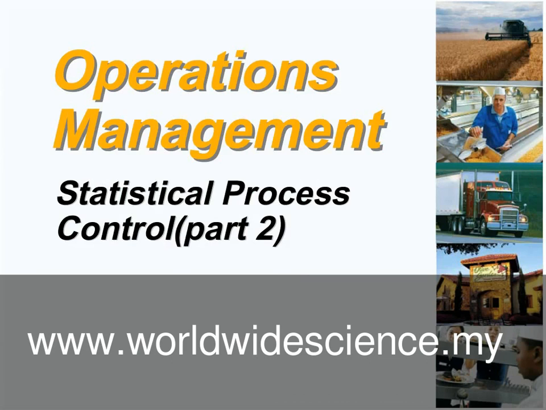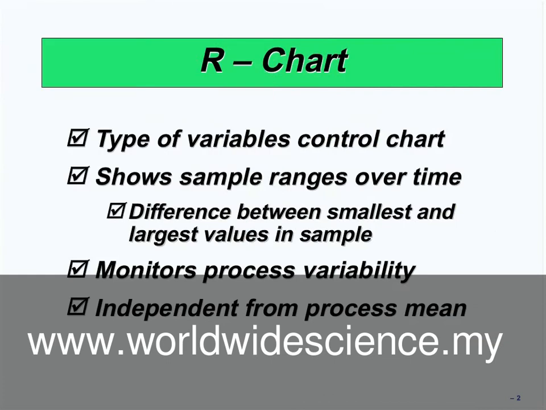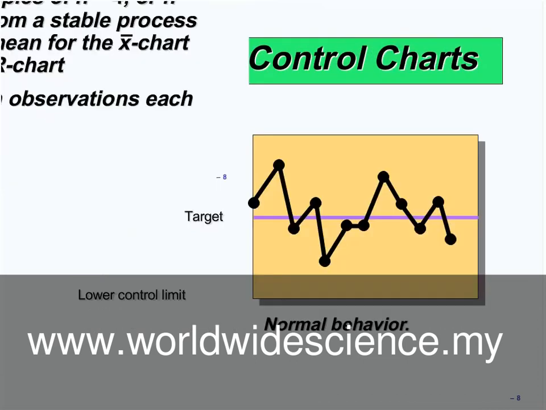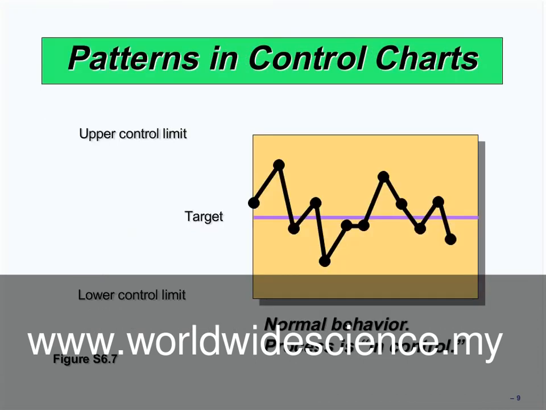These are the patterns in the diagram that you may face after drawing it. When you draw the diagram, you can face one of these shapes, one of these patterns. In this pattern, we have the normal behavior. The upper line is the upper control limit, and the lower line in this box is the lower control limit.